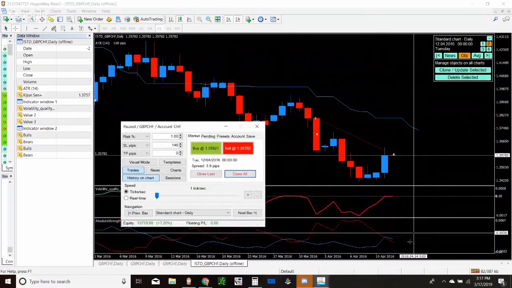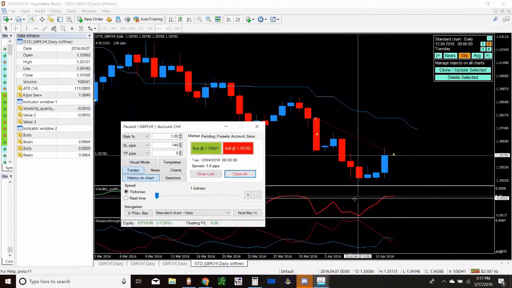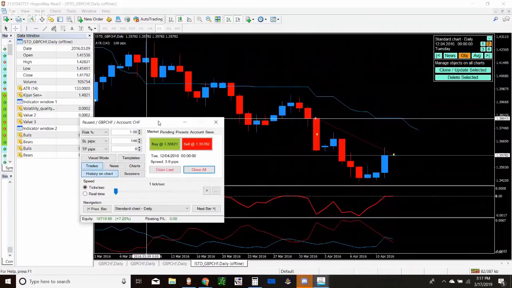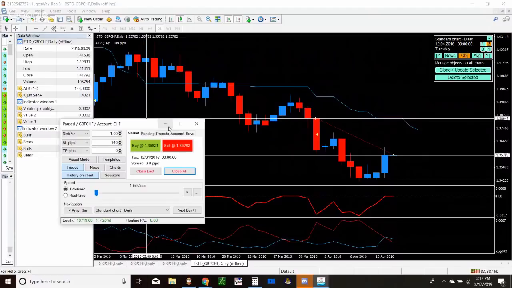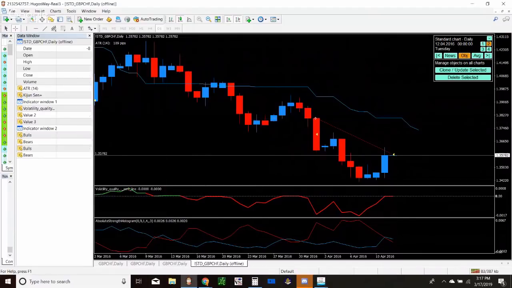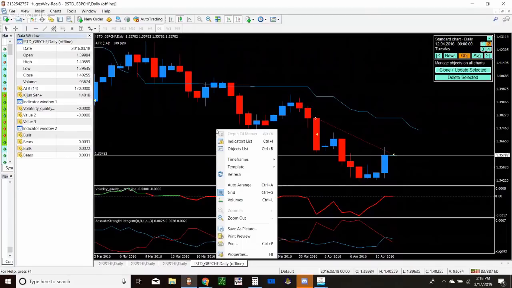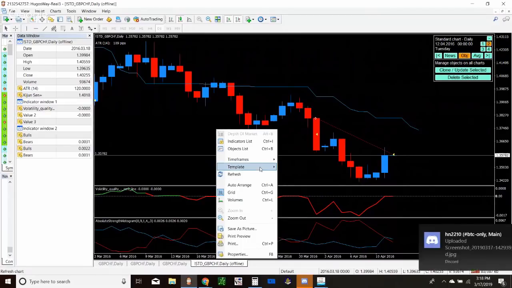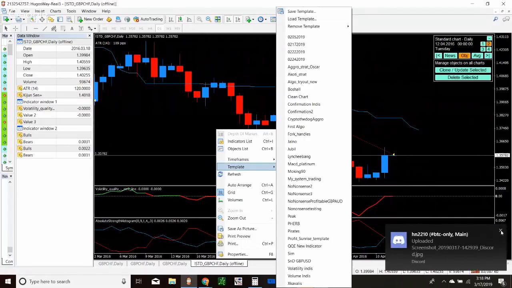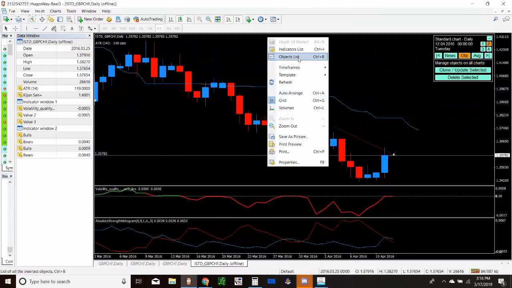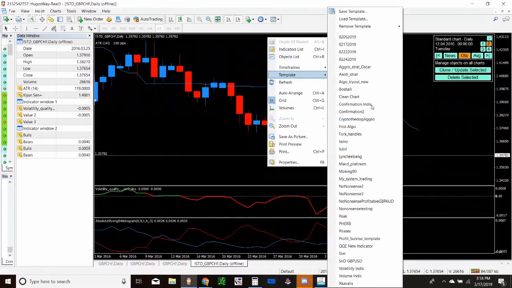We've got the Kijun Sen as well as Ash, and then our volatility indicator, EQZ. So let's see what our volume indicators look like. Okay, I'm going to save this again, just so that I know that.